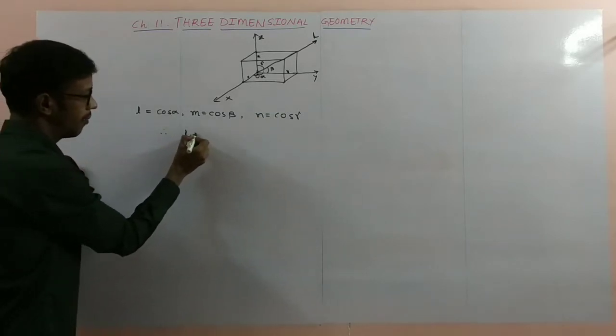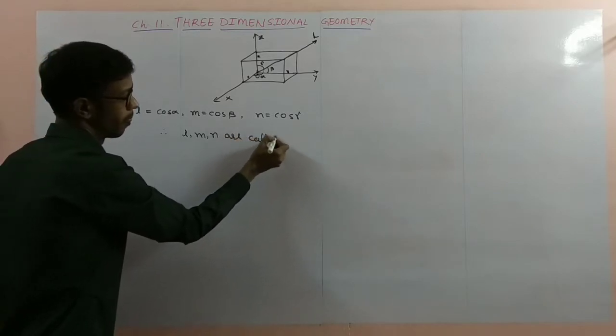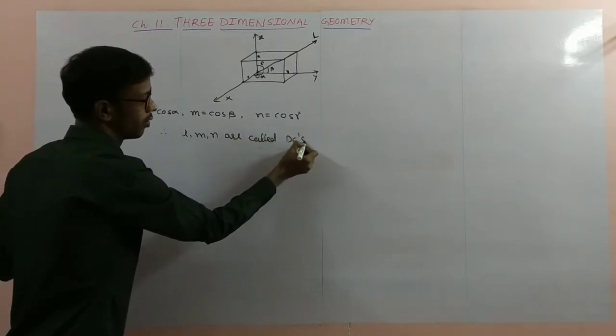Therefore, l, m, n are called direction cosines.